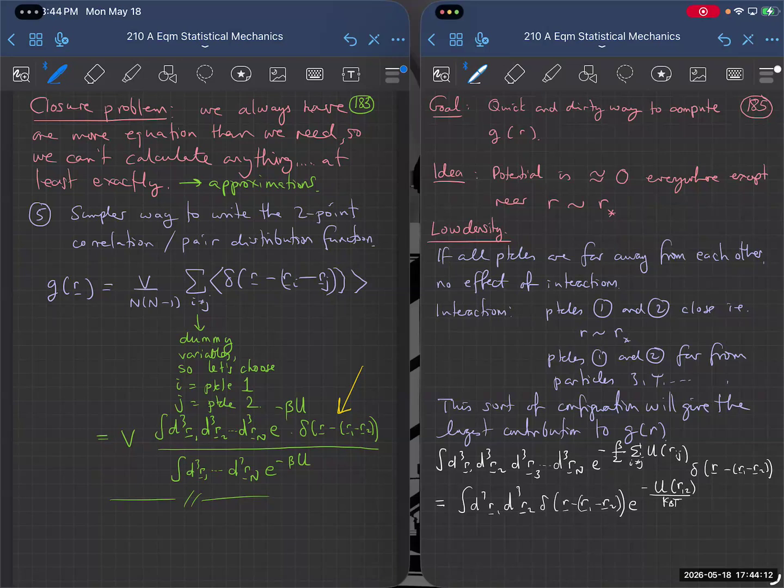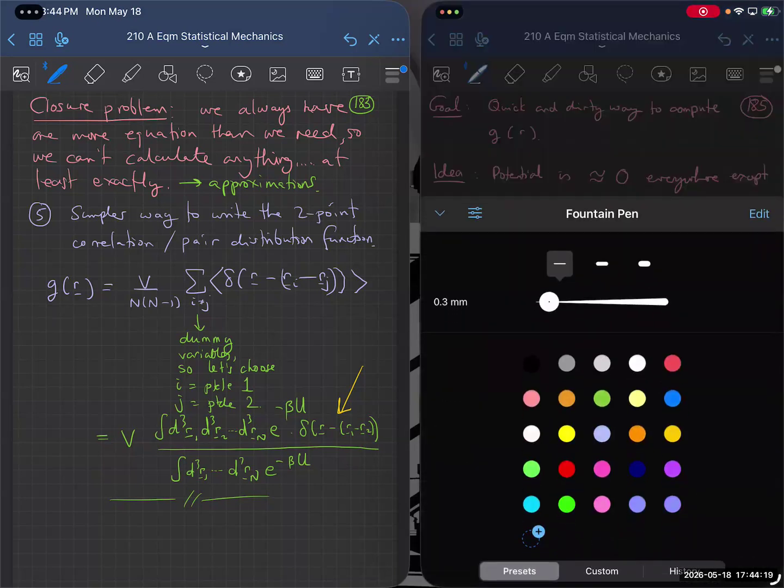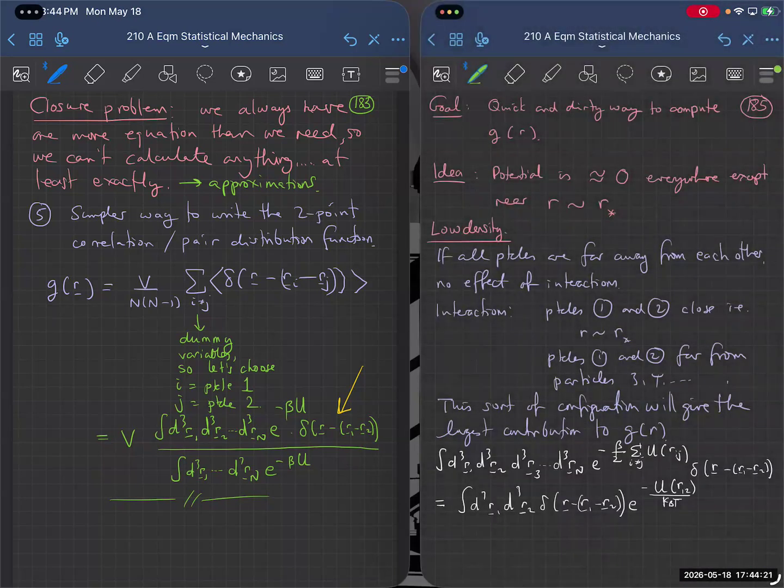So it's just e to the minus u of r12 over kT, and then I have all the other terms, the other integrals, d3r3 up to d3rn.